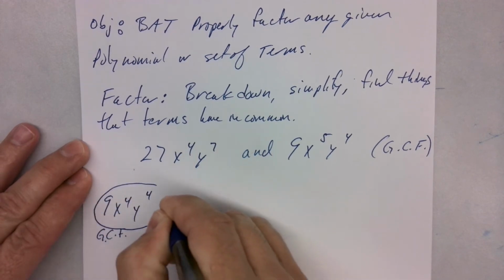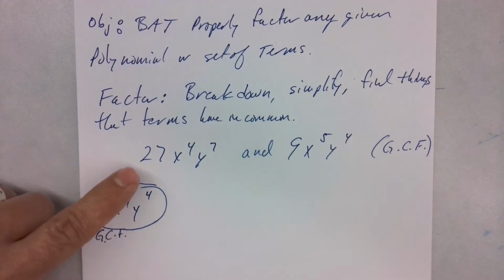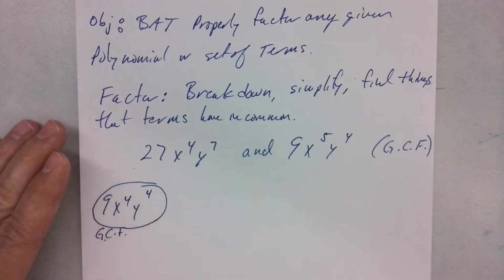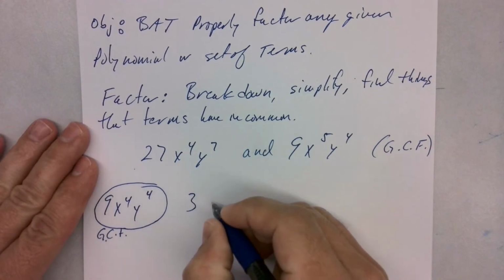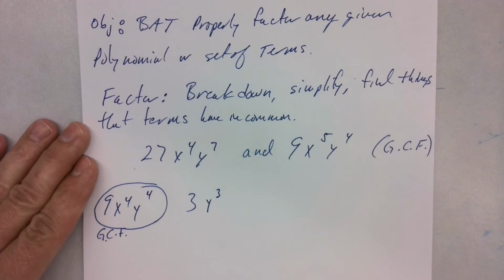If I'm truly factoring, I'm always going to have something left over, right? So what is going to be left over here? I'm going to get 3y to the third. Isn't there one x left?